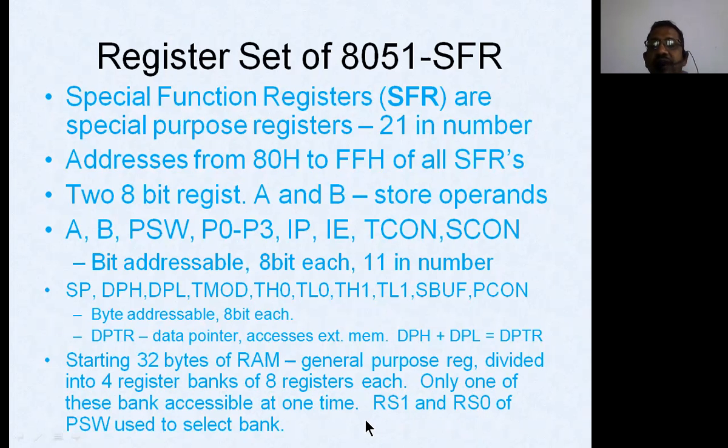We normally use the register selector bits, RS1 and RS0, to access these banks. They are in the PSW register, the program status word register. In the program status word register, we have the RS0, RS1 pins, and they are used to select the register bank for us.